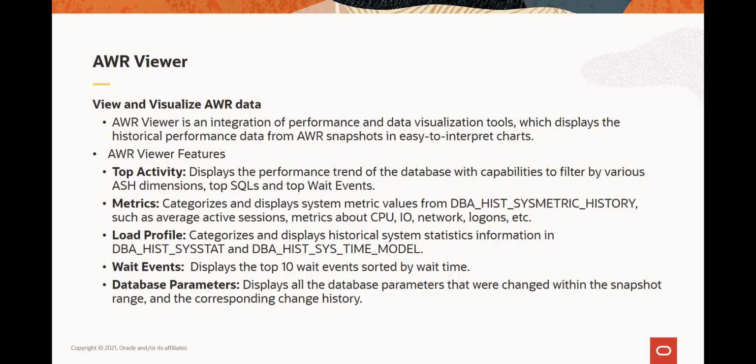Wait events displays the top 10 wait events sorted by wait time. Database parameters displays all the database parameters that were changed within the snapshot range and the corresponding change history. We'll have a short demo of this feature now.